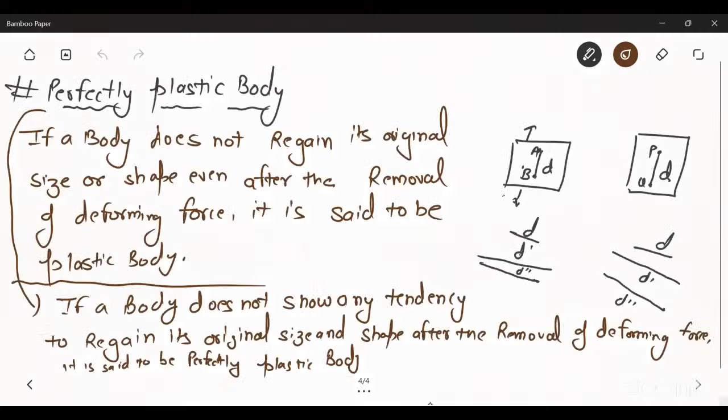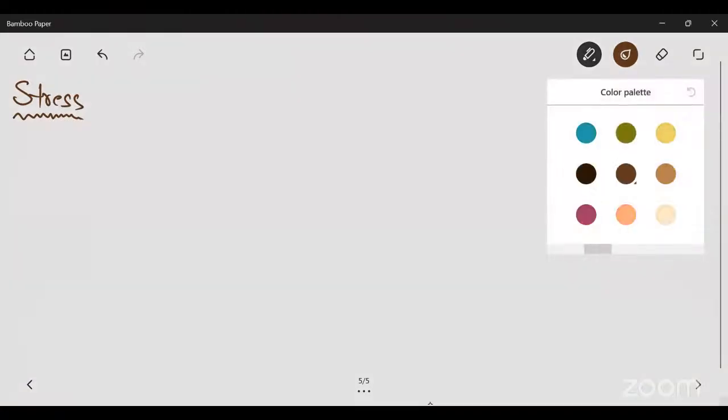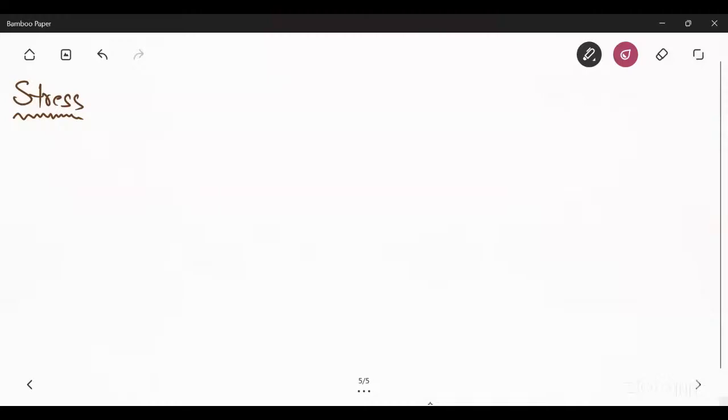Now, one topic has come here: stress. So what is stress? Stress is defined as the force applied per unit area. The SI unit of stress is Newton per meter square.